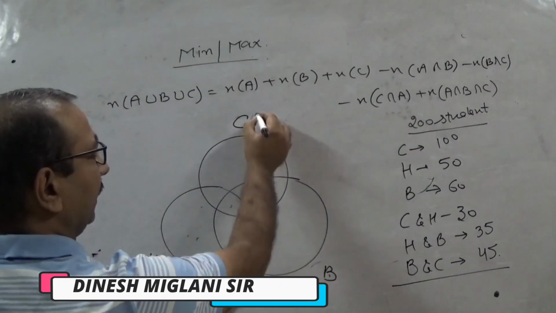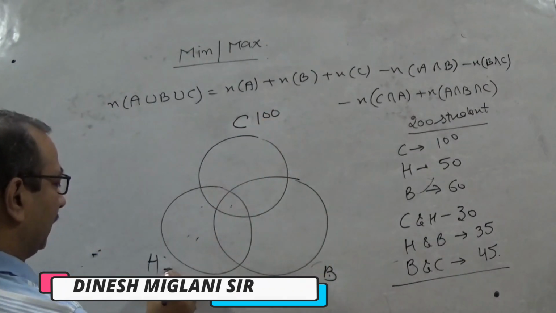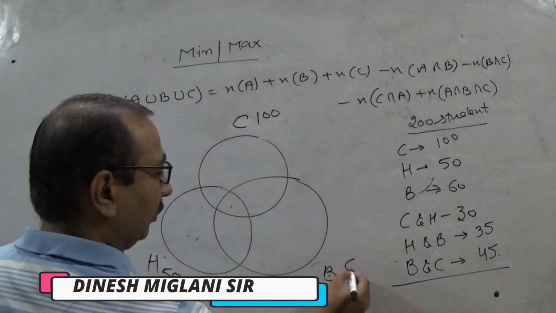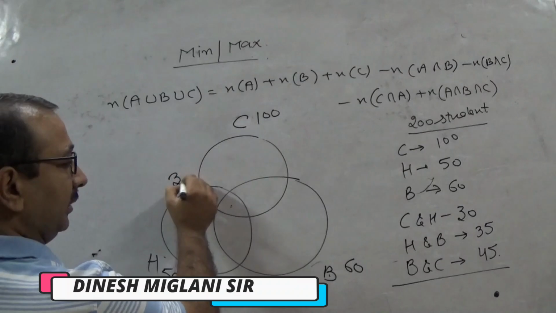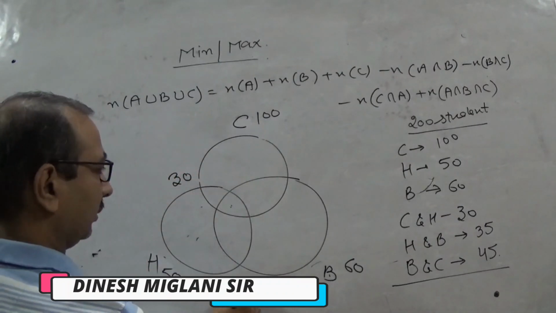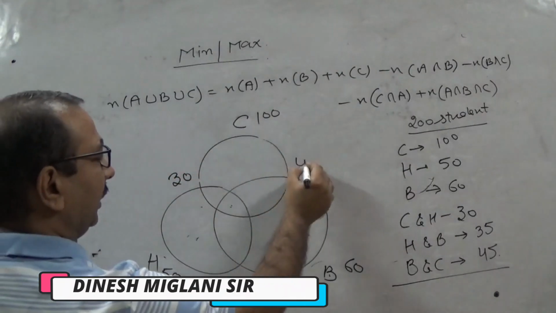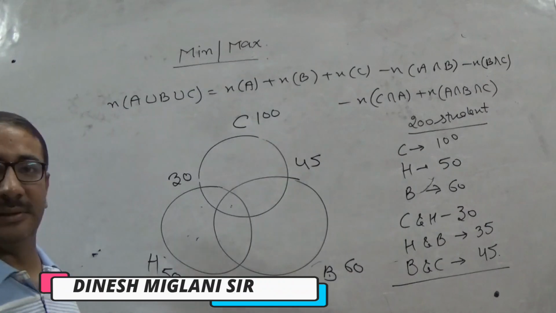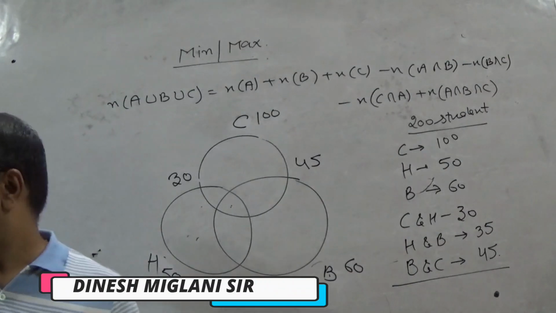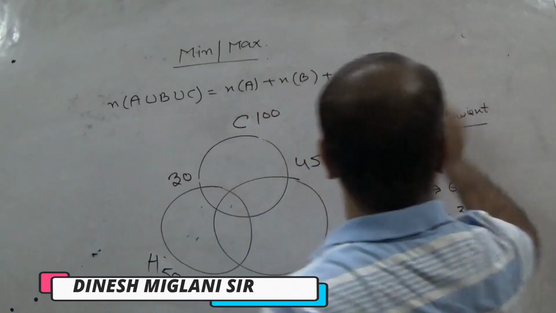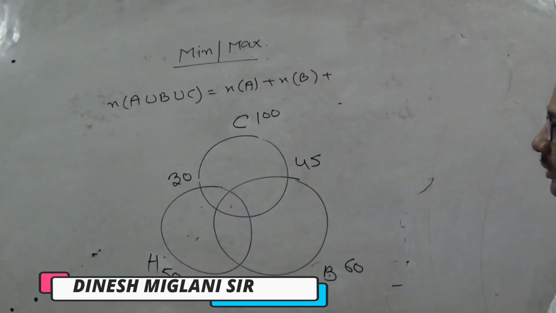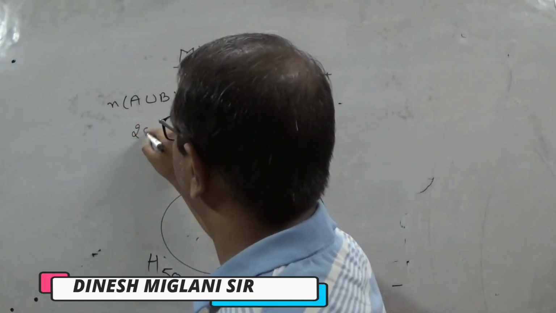Cricket is given as 100, hockey as 50, basketball as 60. Cricket and hockey 30, hockey and basketball 35, basketball and cricket 45. This information is given in the statement. Since total students are given, that is 200, I just mention 200 here.